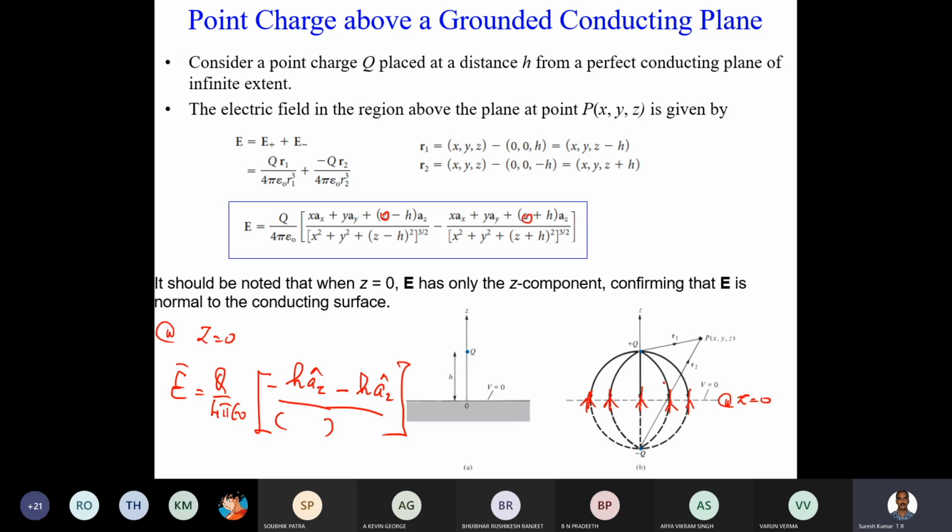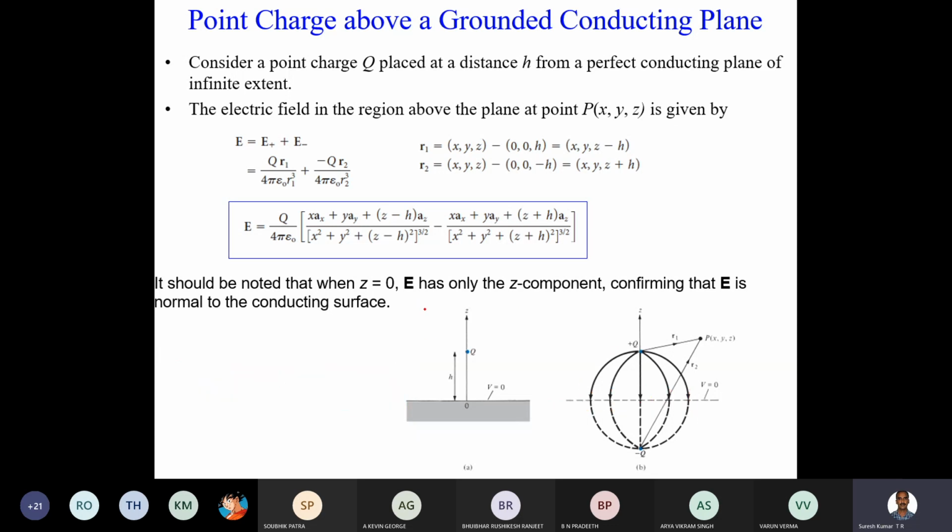See here it is bent, but here you can see it is straight. It's perpendicular, normal to the boundary. The reason, hope you understand, is this plus q and minus q are symmetric with respect to z equal to 0. That's why. This point is clear. When z equal to 0, electric field will have only z component.